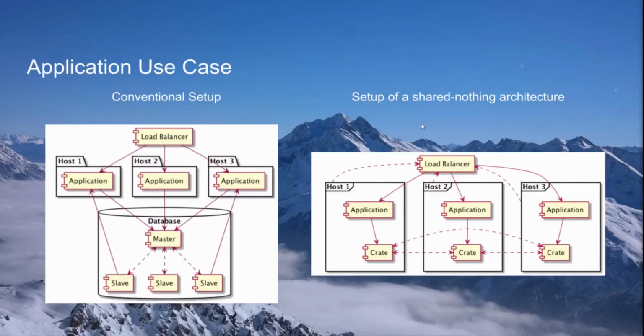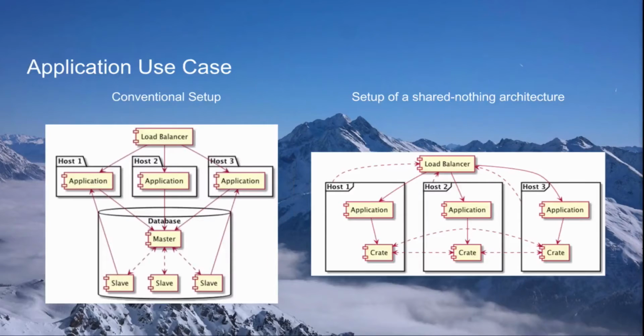Going with shared nothing architecture on the right here allows the DevOps to deploy their application in an, let me say, elastic manner without this single point of failure. The idea behind this is to extend the shared nothing architecture from the database to the application, which in most cases is already stateless.